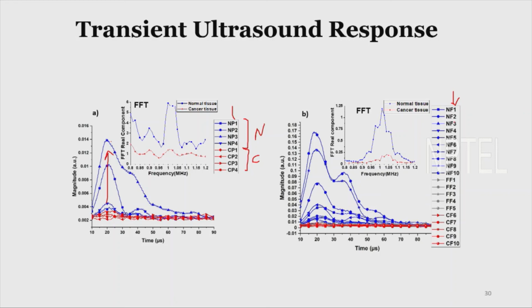The same is seen in the formalin fixed tissues. Here N stands for normal, adjacent normal, F stands for formalin fixed, and C stands for the cancerous tissues. So normal tissue has very high amplitude of signal.